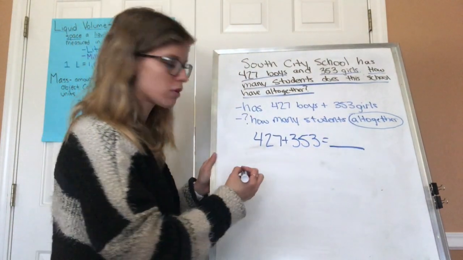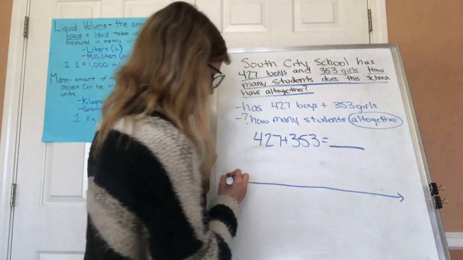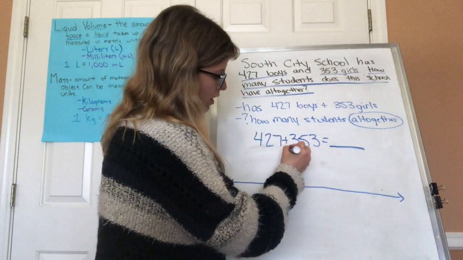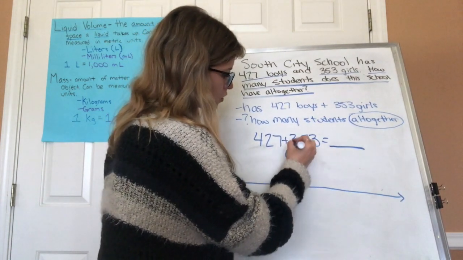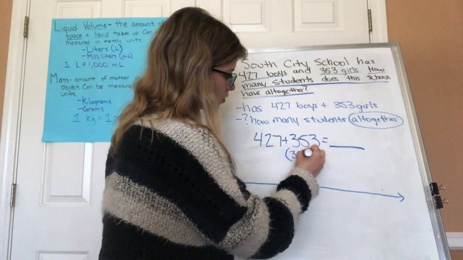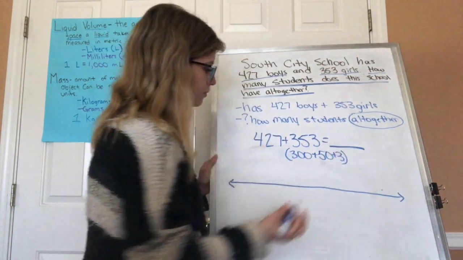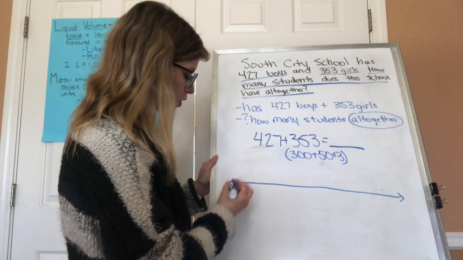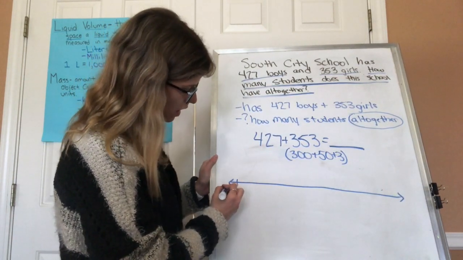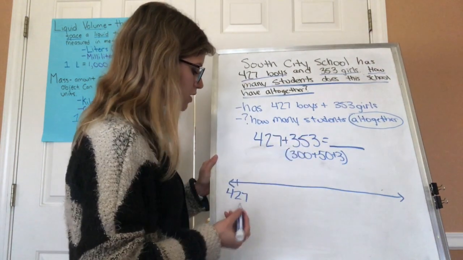So I'm going to make a number line and separate this number into hundreds, tens, and ones. So 353 is 300 plus 50 plus 3. So I'm starting over here since I know it's addition, so I'll start on the left side. And start with 427 because it's my first and my biggest number.